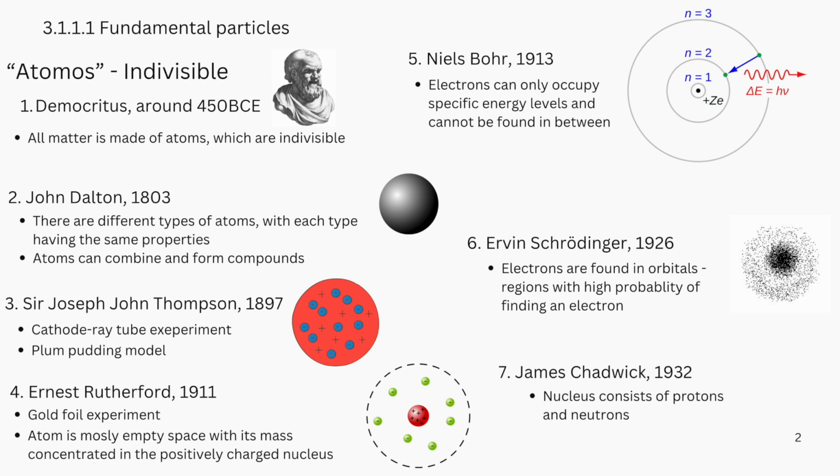This marked the beginning of the Bohr model of the atom. With the advent of quantum mechanics, the understanding of atoms deepened. In 1926, Erwin Schrödinger developed a quantum model of the atom, which remains the most widely accepted today. Finally, in 1932, James Chadwick discovered the neutron, completing our modern understanding of the atom's structure.